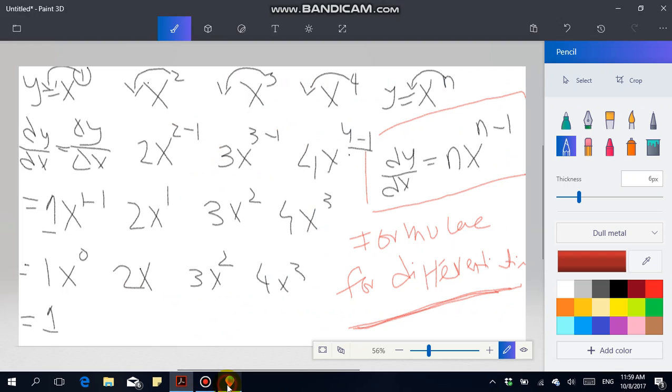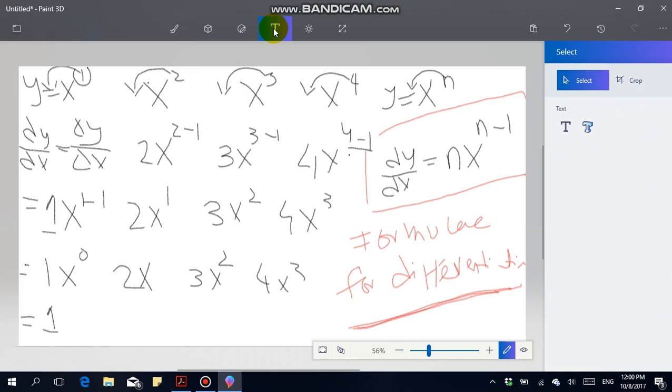This is something that I've done exactly over here. When you have x to the power 1, you bring that power of 1 over here, so you multiply x by 1, and you subtract this by 1, so it becomes 1x to the power 0. Anything to the power 0 is 1, so the final answer is 1 for this one.